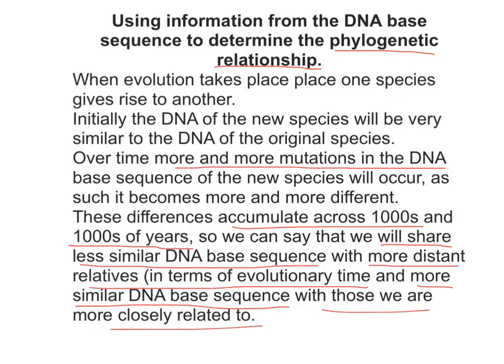Hence in terms of evolutionary history, you're going to have a more similar DNA-based sequence with members of the chimp family than you are with other mammals, because we shared a common ancestor with them much further back in evolutionary history. So there's been more time for those differences to come about due to mutations, and more time for those differences to accumulate.